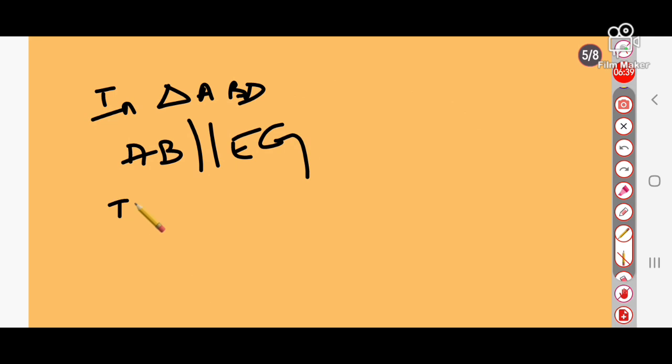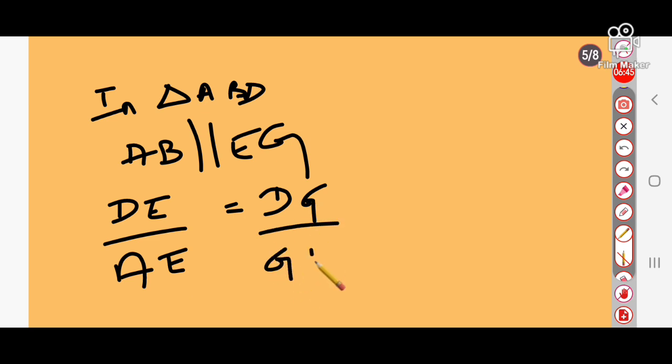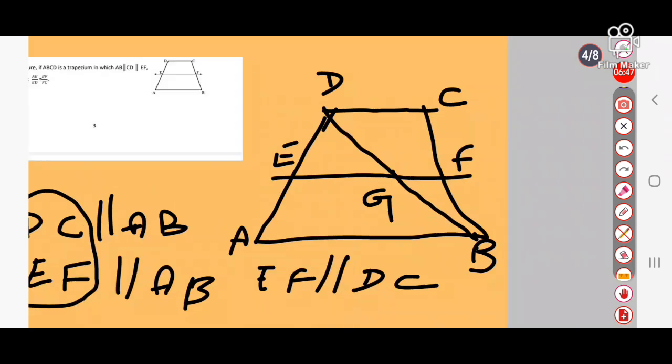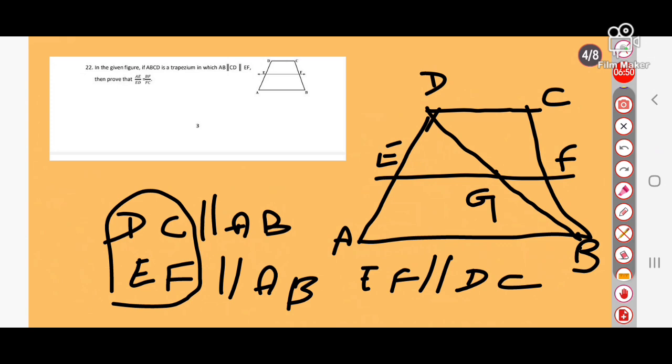So with that, by the similarities, we know that DE by AE equals DG by GB. By the similarities, DE by AE is equal to DG by GB, right?